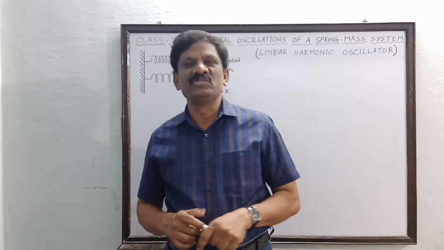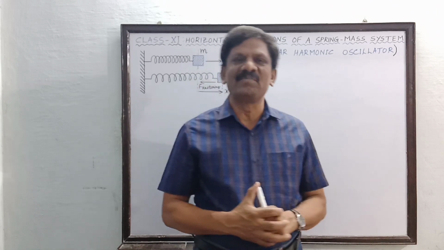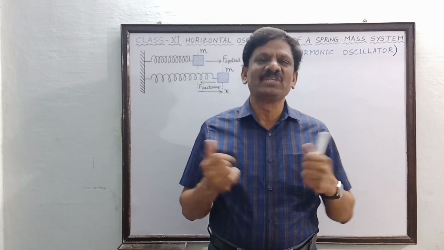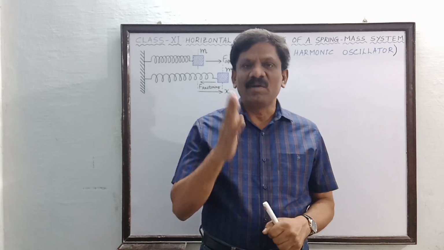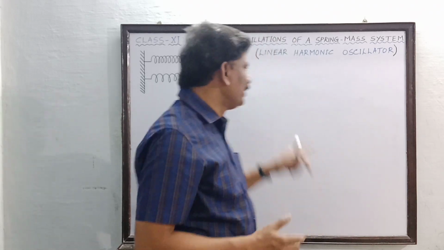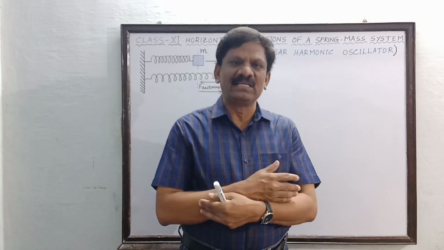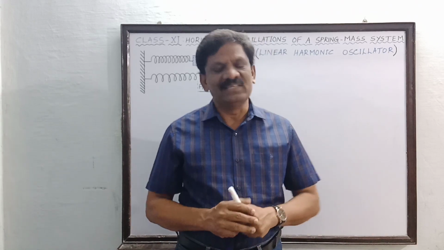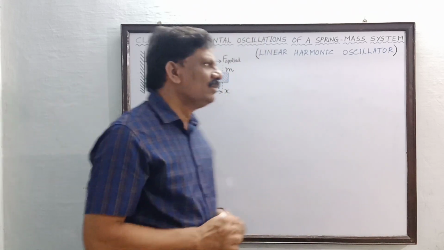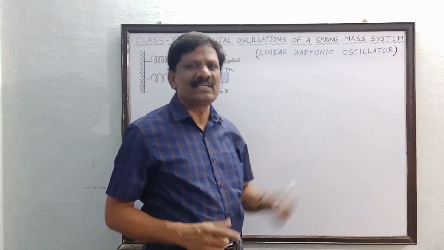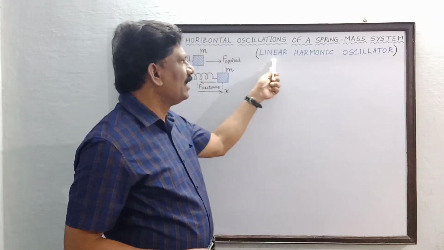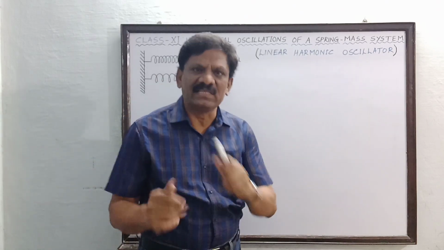Yes, my dear students, do you remember the definition of simple harmonic motion? The motion of a body is said to be simple harmonic when the applied force and the displacement are oppositely directed and also proportional to each other. So this is the diagrammatic representation of a spring mass system, which is also called a linear harmonic oscillator.